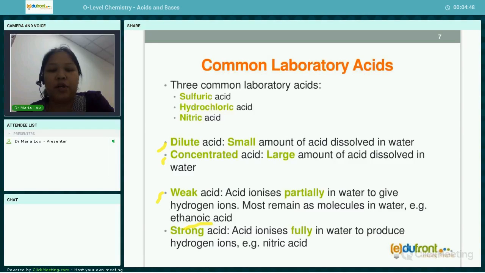Only some of the hydrogen ions are ionized in water, but the rest remain as ethanoic acid molecules. But if we say that it is a strong acid, it means that the acid ionizes fully in water to produce hydrogen ions completely. A good example would be nitric acid or any of the common laboratory acids that you have.